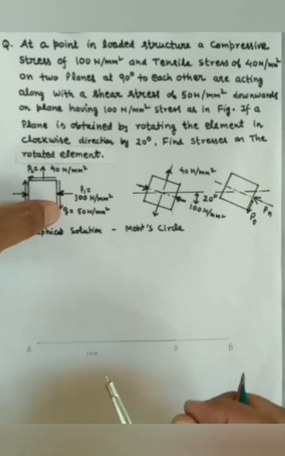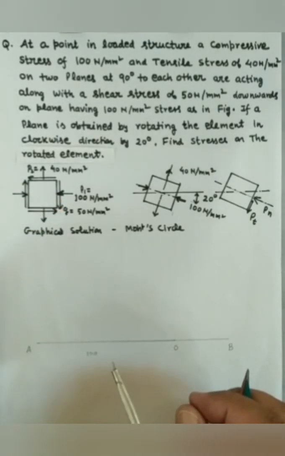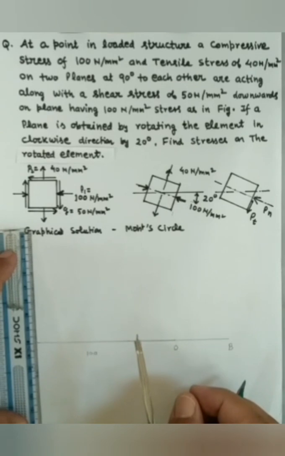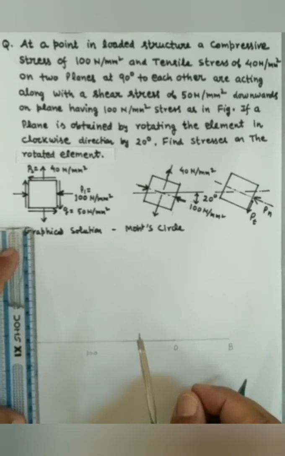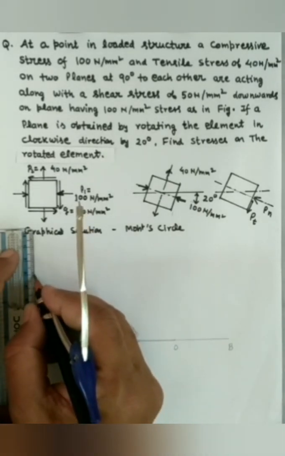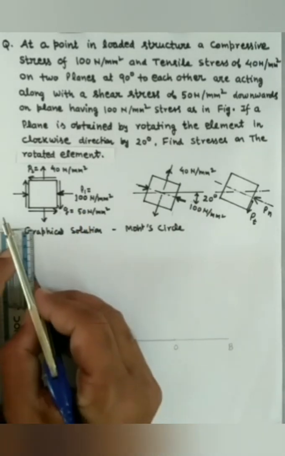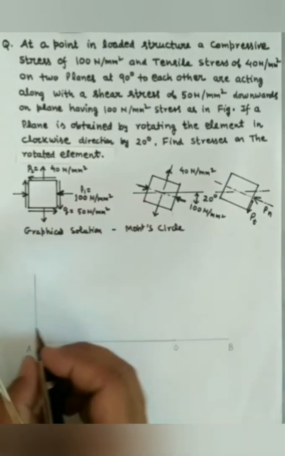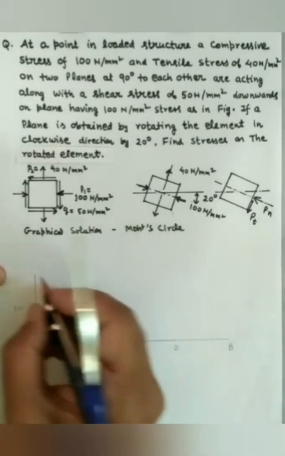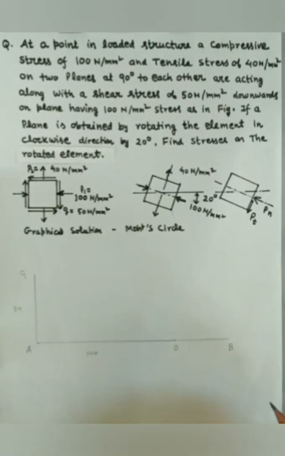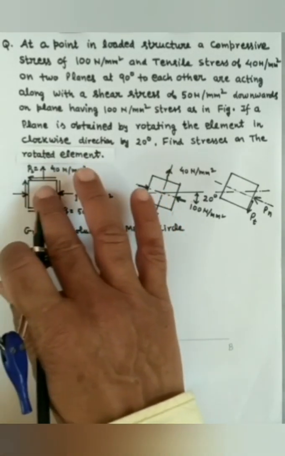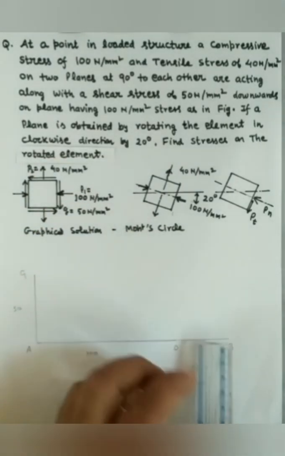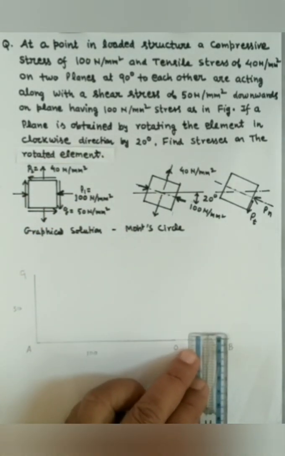The shear stress is trying to rotate the plane carrying 100 Newton per mm square stress in clockwise direction. So the stress is negative, and a negative stress is drawn upward of the x-axis. So from A, let us draw a line of 50 mm representing the shear stress. Let this point be G, and similarly the plane which is carrying stress of 40 Newton per mm square, the shear stress is trying to rotate it in anti-clockwise direction.